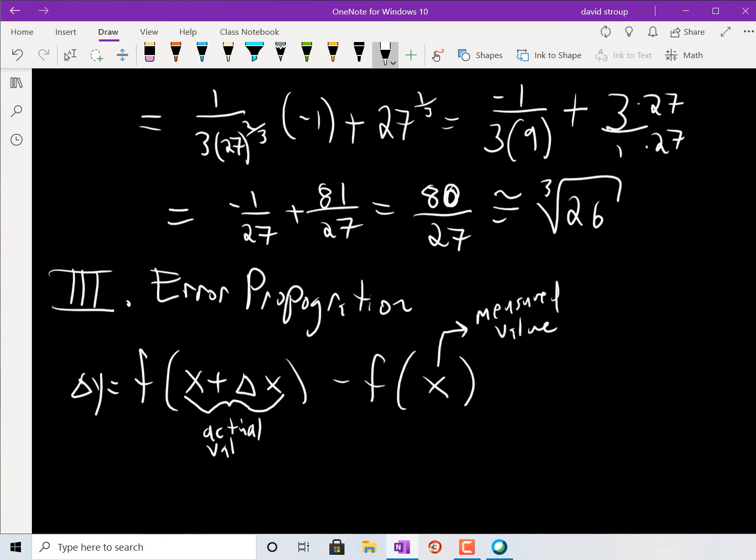Actual value. And then the change in x is considered the measurement error. So this thing right here is your measurement error. Okay, and the delta y in this context will be considered propagated error. So this thing is the propagated error.